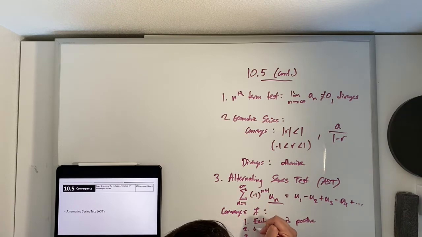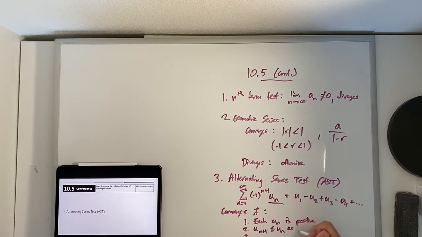The second, as we go to infinity, each successive u sub n term is less than or equal to the one that came before it. And our third criteria, the limit as n approaches infinity of u sub n equals 0.